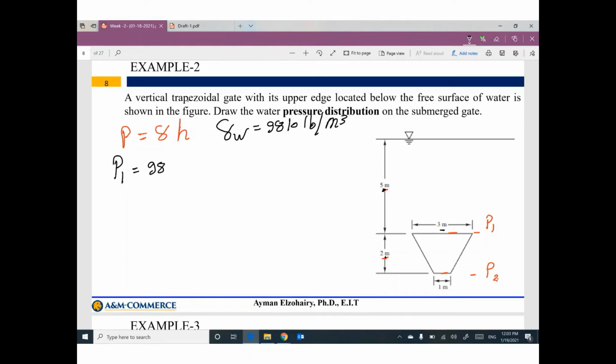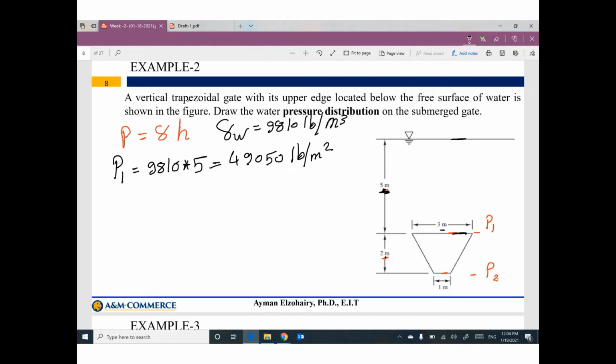Gamma times H. What is the H value for point number 1? What is the vertical distance between this location and the water surface? Yes, 5. So the pressure value is 49,050 pascals, or Newton per square meter.